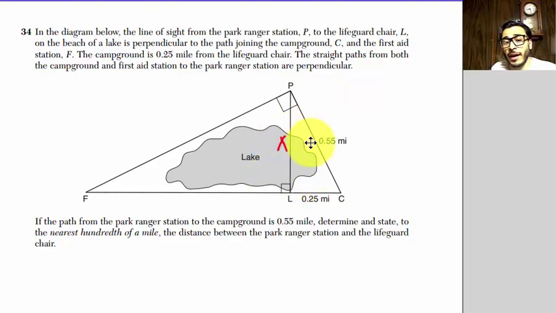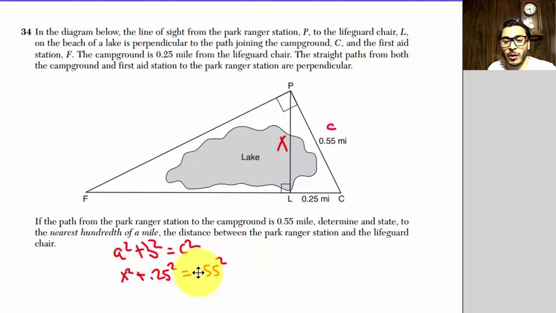And in order for us to find X, we will have to use the Pythagorean theorem. So let's go ahead and use it. Let's write it down first. A squared plus B squared equals C squared. Remember, in Pythagorean theorem, the hypotenuse must be C. So we get X squared plus 0.25 squared equals 0.55 squared.